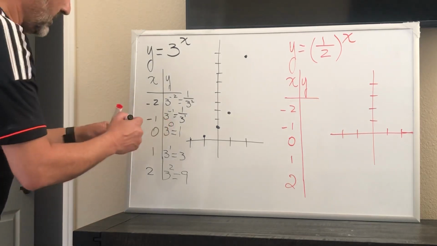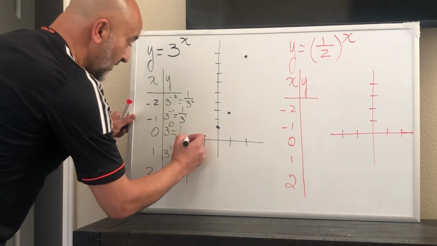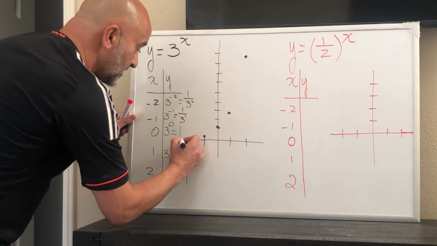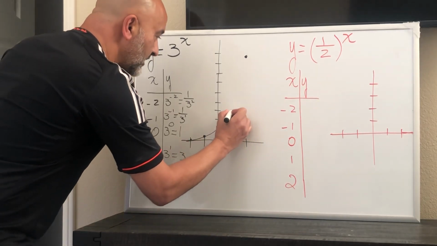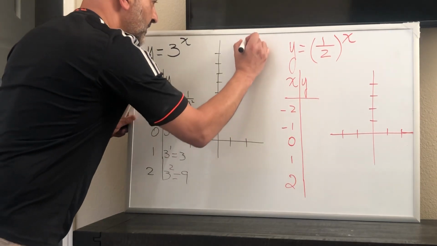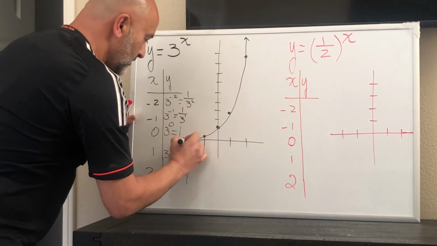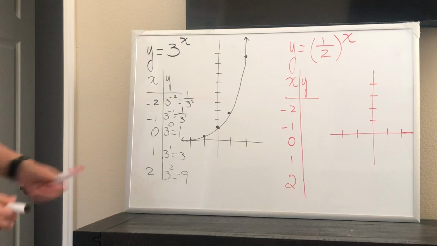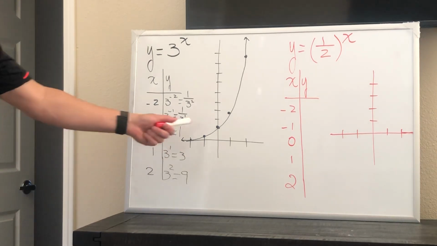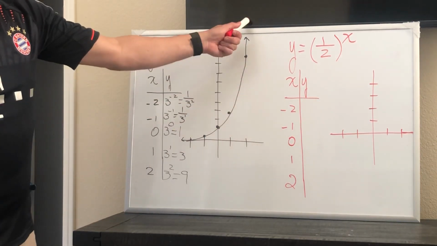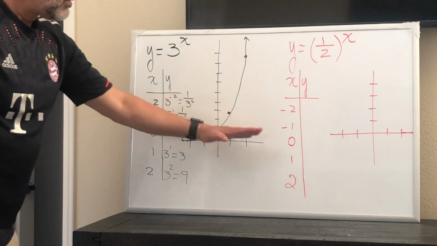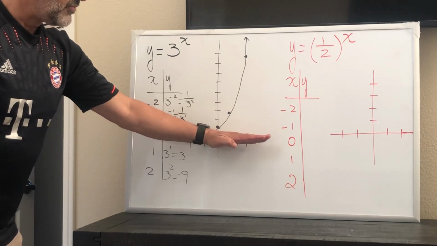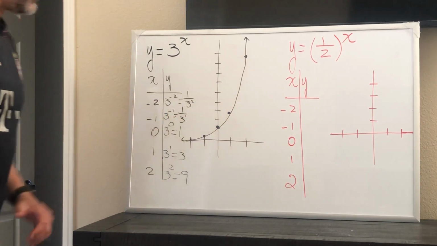So connect these the best I can. I get a nice curve where the left end behavior is 0 and the right end behavior is infinity. That's y is equal to 3 to the power of x. The x-axis, y is equal to 0, is my horizontal asymptote.